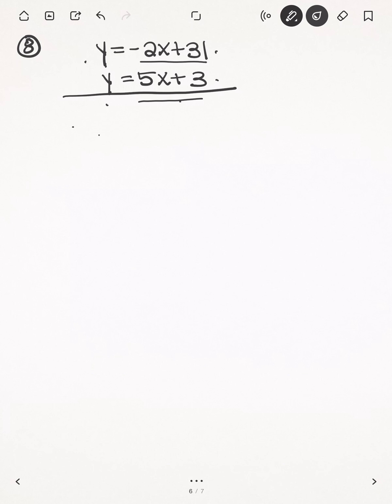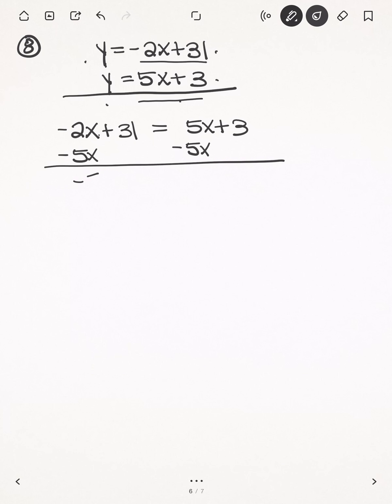So I'm going to write my new equation. I have negative 2x plus 31 is equal to 5x plus 3. Because they're both equal to y, they're equal to each other. And now all I have to do is solve for x. I'm going to move my 5x over. I get negative 7x plus 31 is equal to 3.